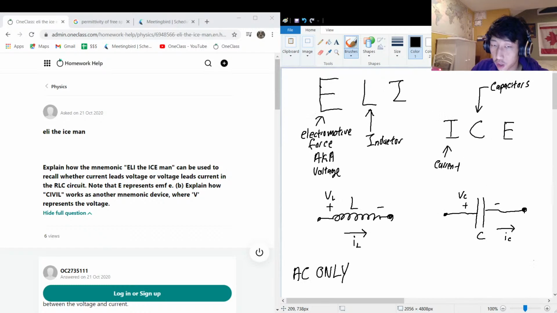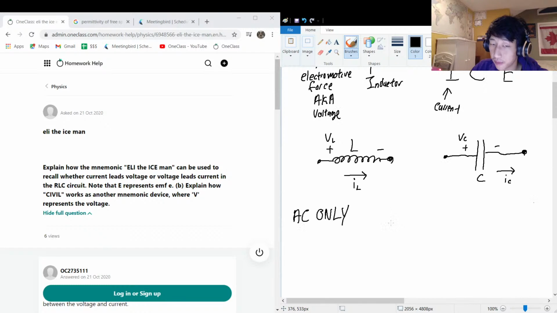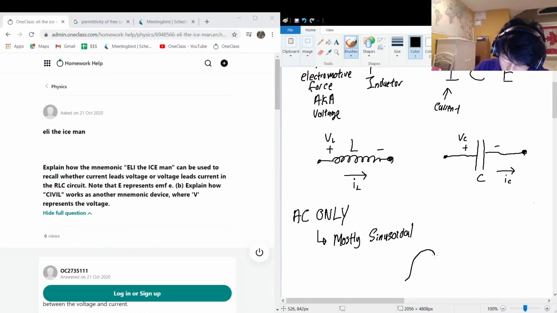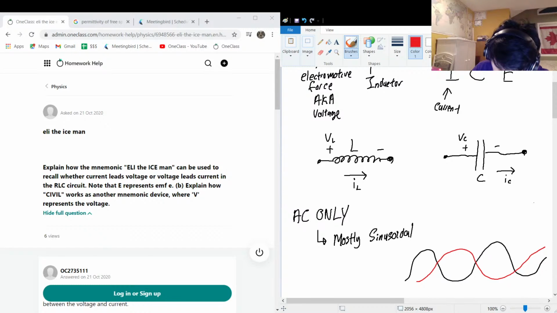Okay, so AC signals are mostly sinusoidal, meaning like this. But sometimes they don't line up with each other. Actually, very rarely do they line up with each other. So maybe in this example, we could have I as the red line and V as the black line.